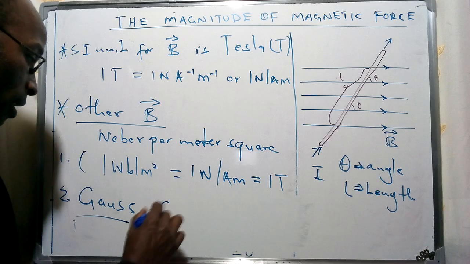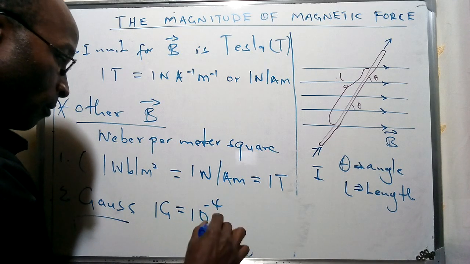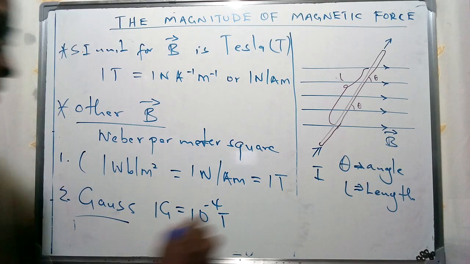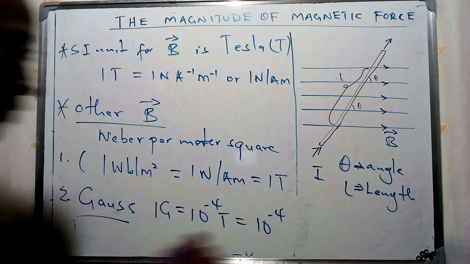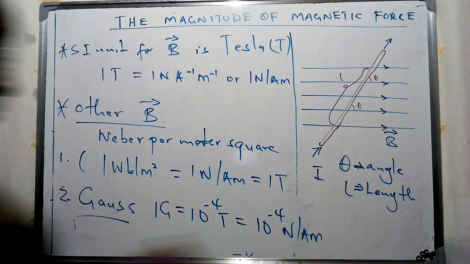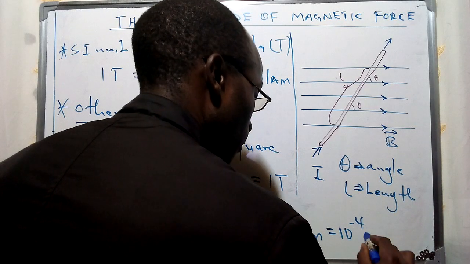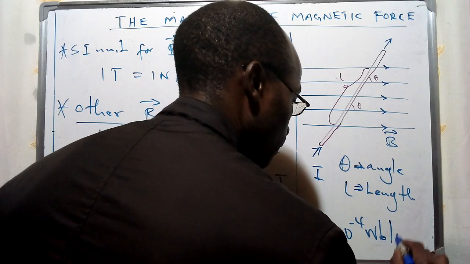So in this case, 1 Gauss is equivalent to 10 raised to negative 4 Tesla, which is also equivalent to 10 raised to negative 4 Newton per Ampere meter, and lastly equivalent to 10 raised to negative 4 Weber per meter square.